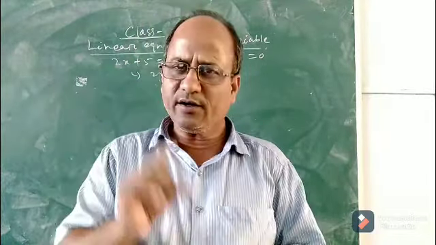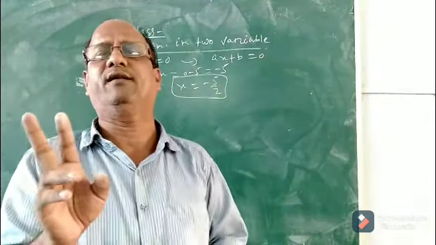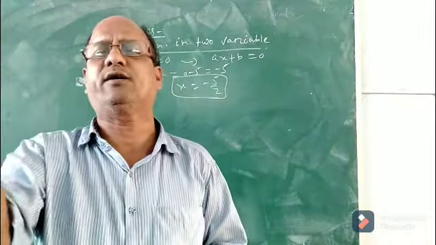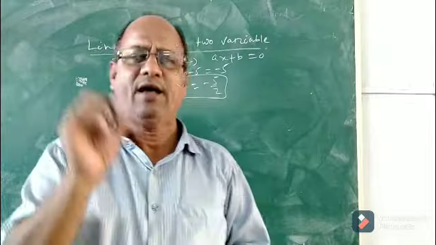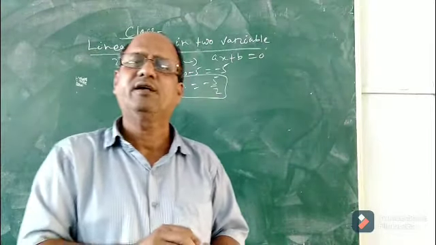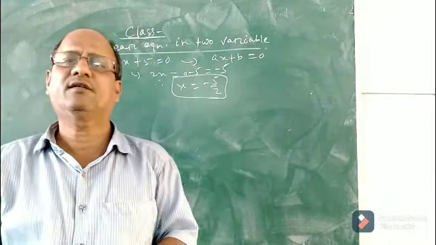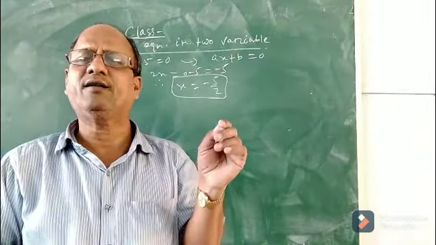To introduce the concept of two variables, let the two variables be denoted by x and y. Here it was one variable, let us consider two variables. I am giving one example. Suppose in one of the cricket matches, the different batsmen are scoring differently.